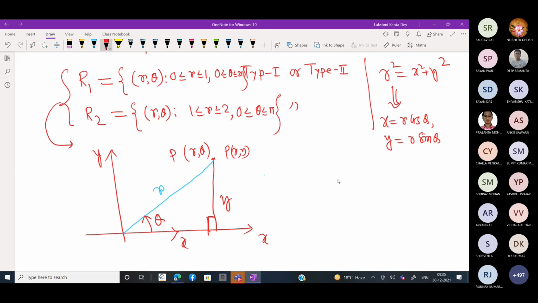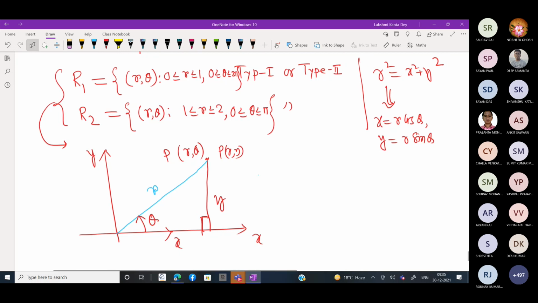Now we would like to change to polar coordinates in double integration. Okay, so what we have to do and why we have to do those things, I would like to write it.